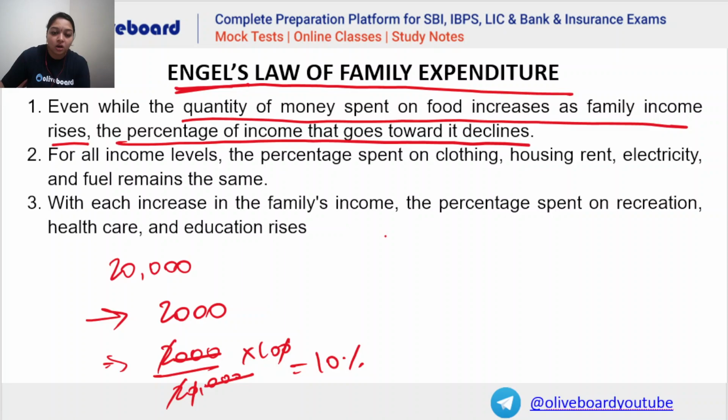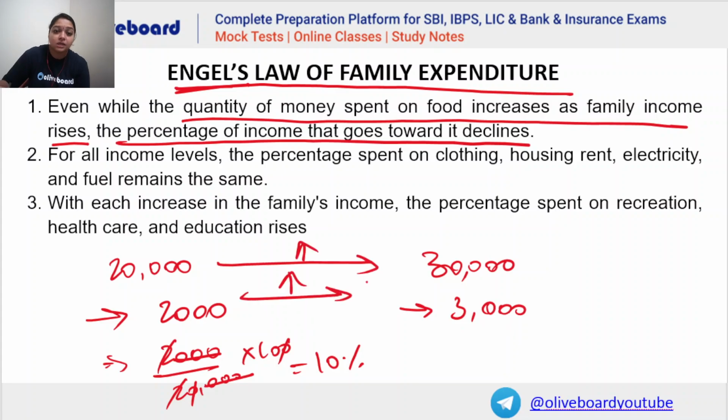Now let us say the income rose to 30,000, and they started spending 3,000 rupees on food. Can you see there is an increase in income, and an increase in the quantity of money spent on food, but what is the percentage of income spent on food?